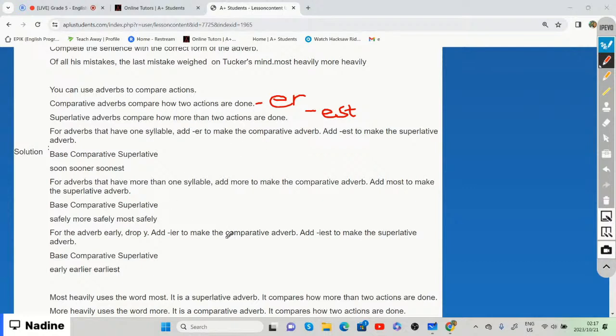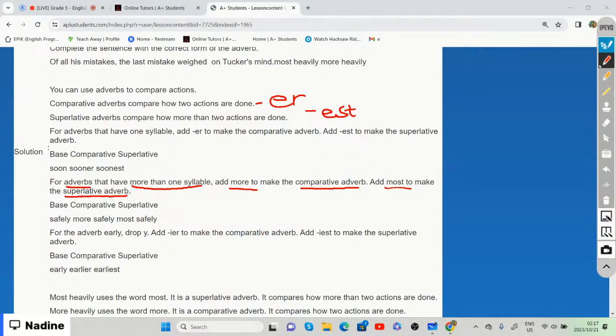But for an adverb that has more than one syllable, we have to add more to make the comparative adverb, and we add most to make the superlative adverb.